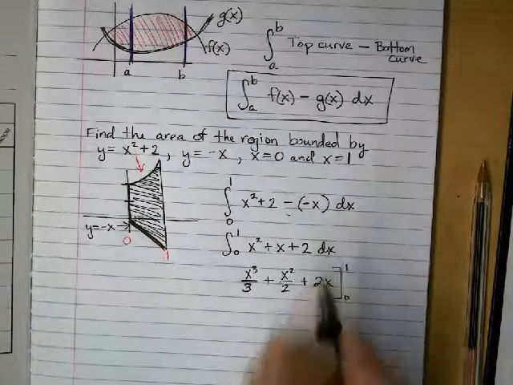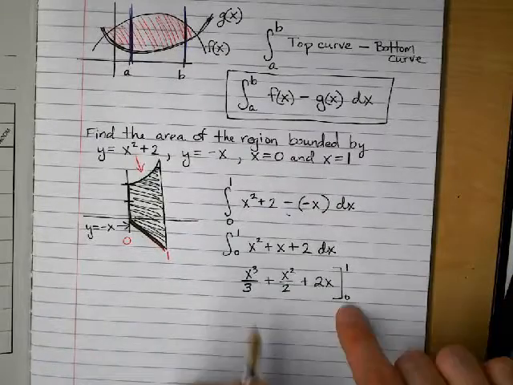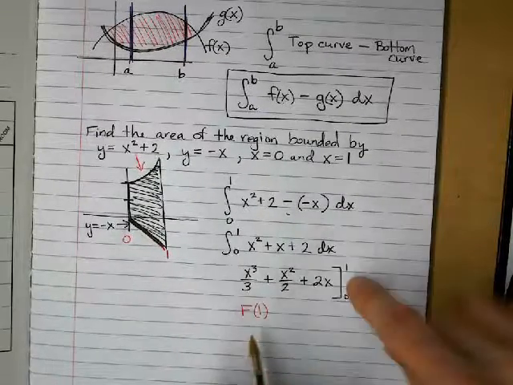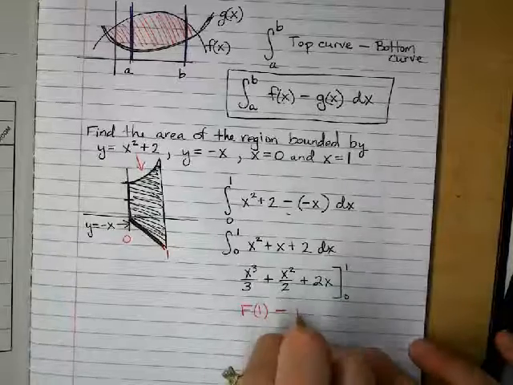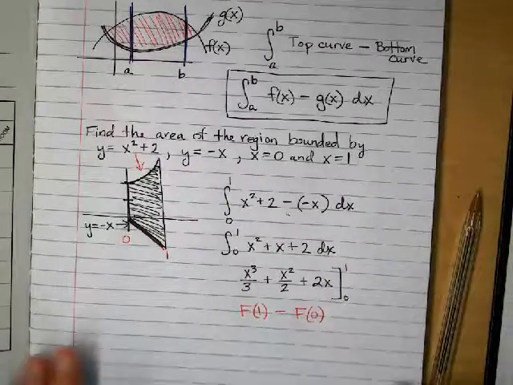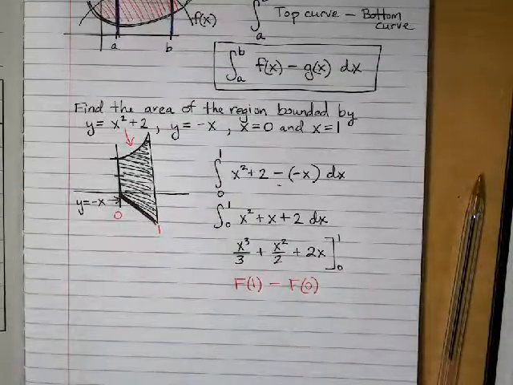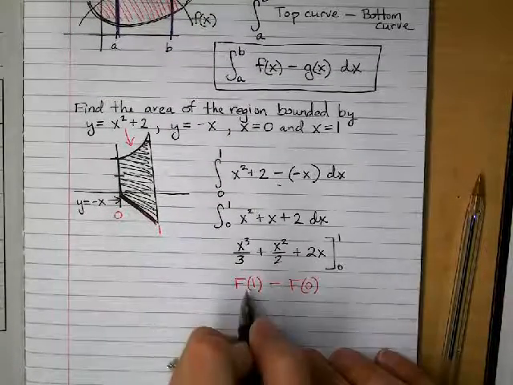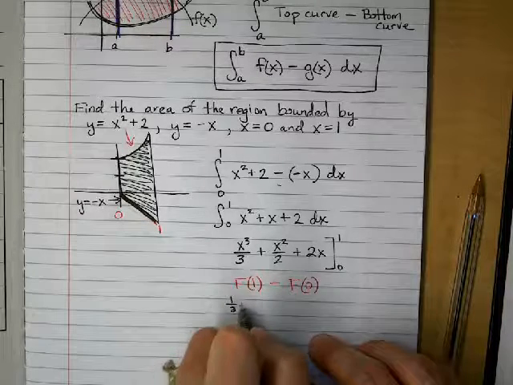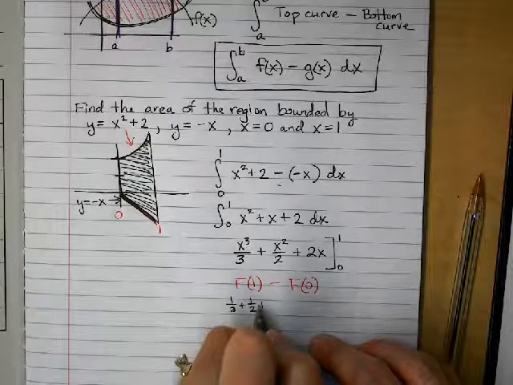So now you evaluate it from 0 to 1. Remember, it's f of b minus f of a. So you're going to plug in the 1 to all these, f of 1 minus f of 0, and we'll figure out the answer. Yeah, so if you plug in 1 into it, you get 1/3 plus 1/2 plus 2.